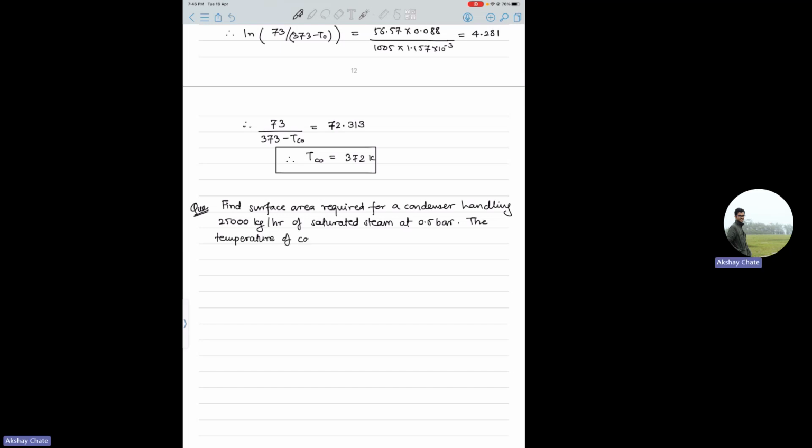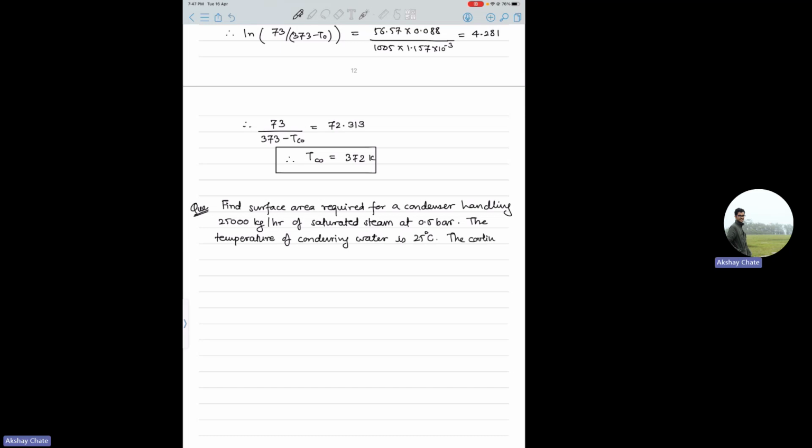The temperature of condensing water is 25 degrees Celsius. So in the condenser, water is condensing at a rate of 25,000 kg per hour and at a temperature of 25 degrees Celsius.